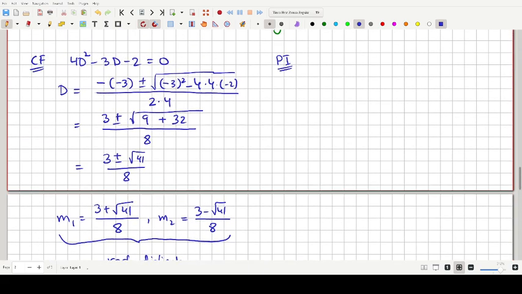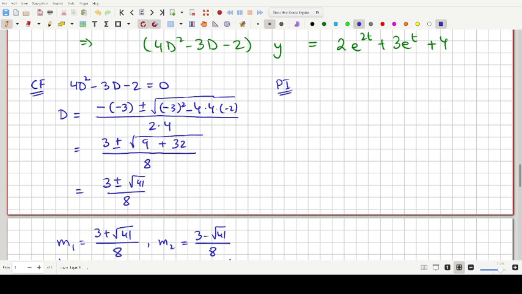Okay. Now, in order to find the PI, the y PI is going to be equal to the right hand side of the equation, which is 2e raised to the power 2t plus 3e raised to the power t plus 4, divided by 4D squared minus 3D minus 2.